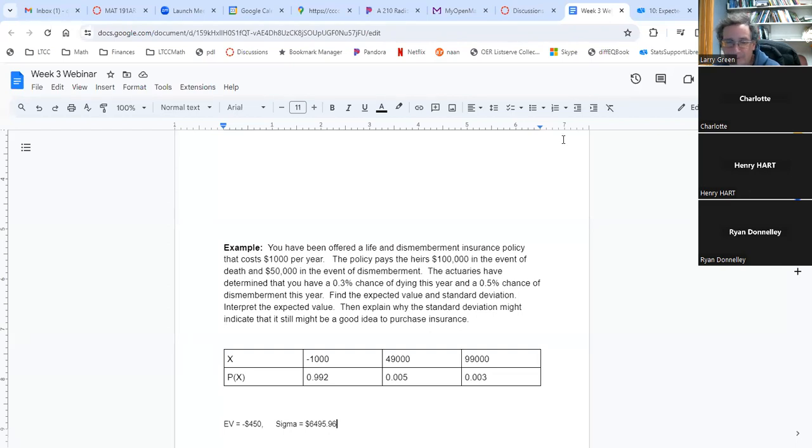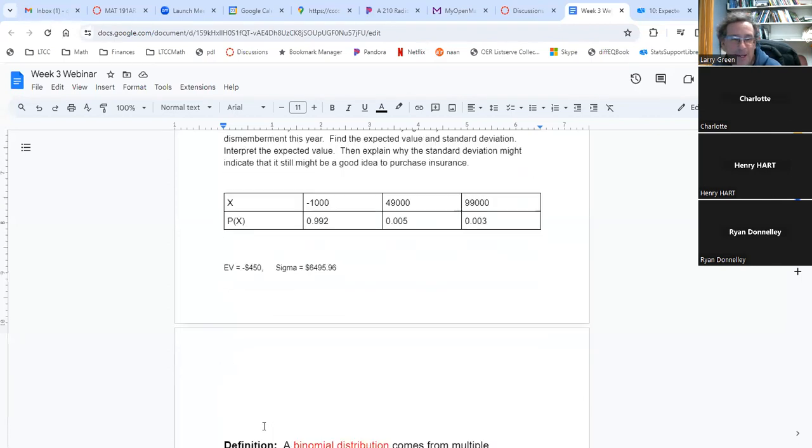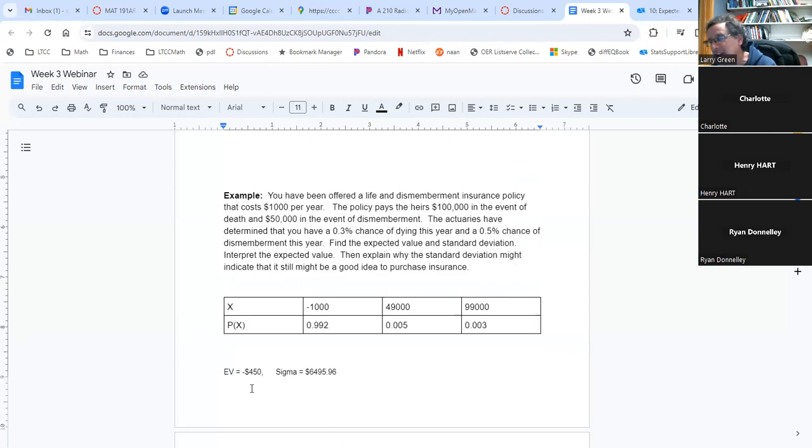Is that clear? Okay. Now you could think about, if many people buy this policy, that's probably what you want to look at. If many people bought this insurance policy, then it is likely that on average, they will lose close to $450 each.